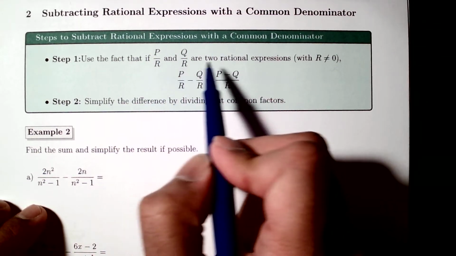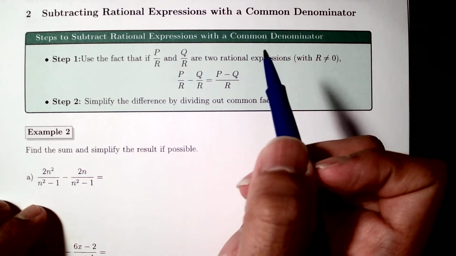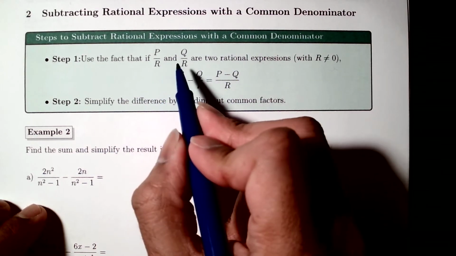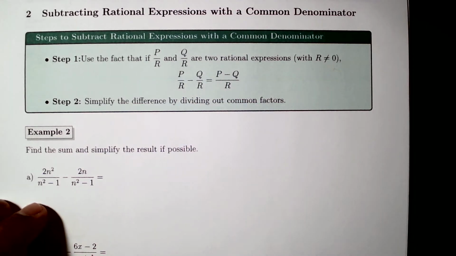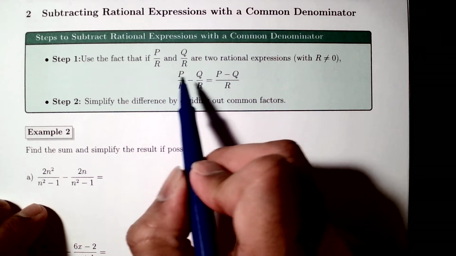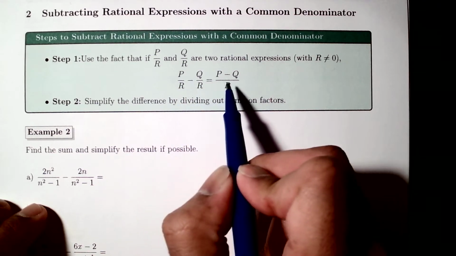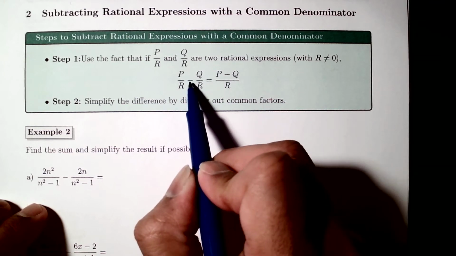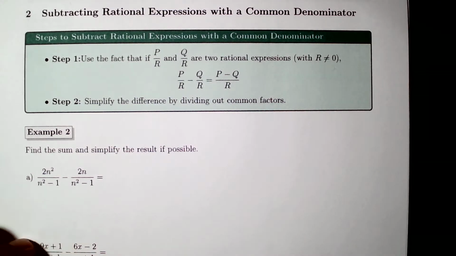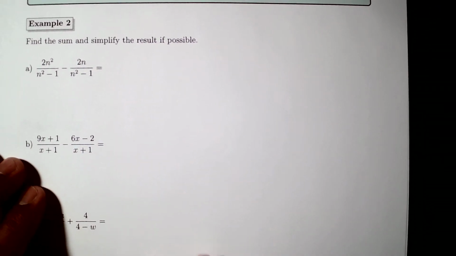Alright, if r equals 0, well then the denominator is 0, and we cannot have that because it's going to give us an undefined. So subtracting the two fractions together, p over r minus q over r, bring down the r, and then just subtract q from p. So the best way to see this is looking at some of the examples.